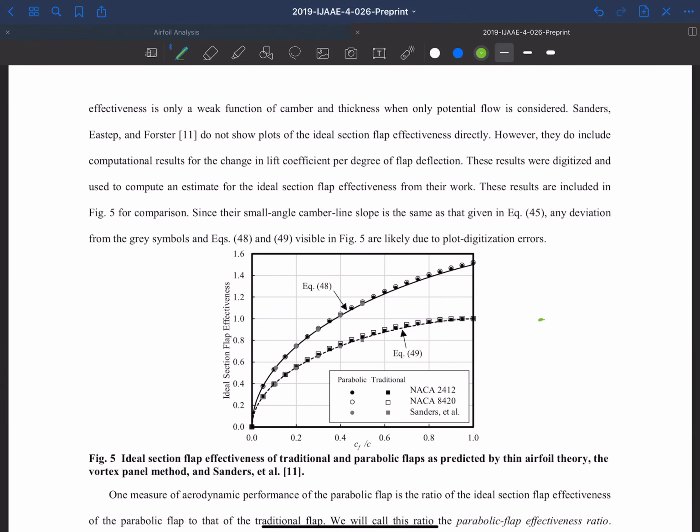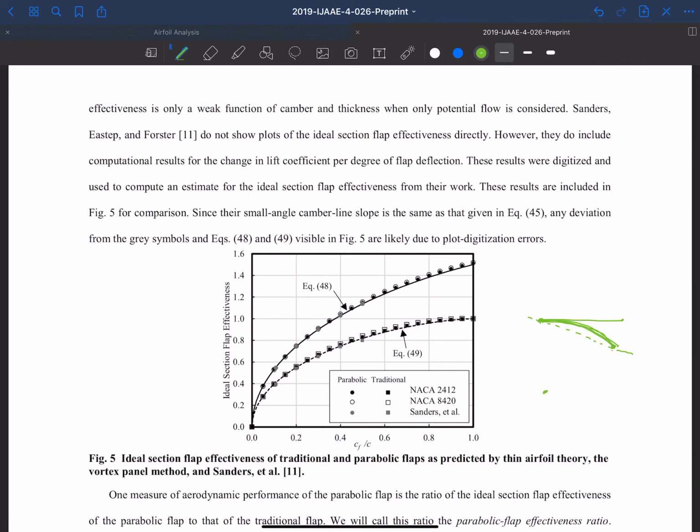Let's say that this is my traditional airfoil camber line. I'll just say that it's a straight line for now. And then let's say that now I've got a parabolic flap that uses the entire chord line as the parabolic flap. Well, what we've done is actually two things. If we froze this new geometry and called that our new airfoil, then we would find that we've built an airfoil with some camber and a new angle of attack, once we connect the leading and the trailing edges with the chord line.